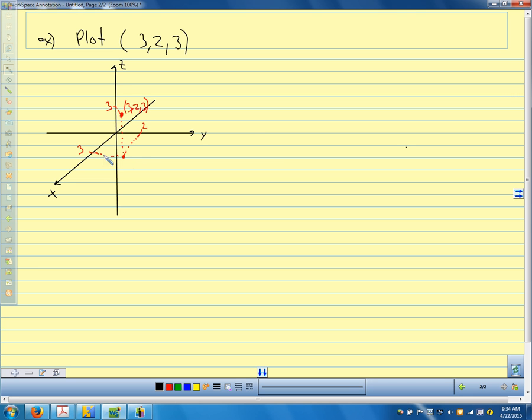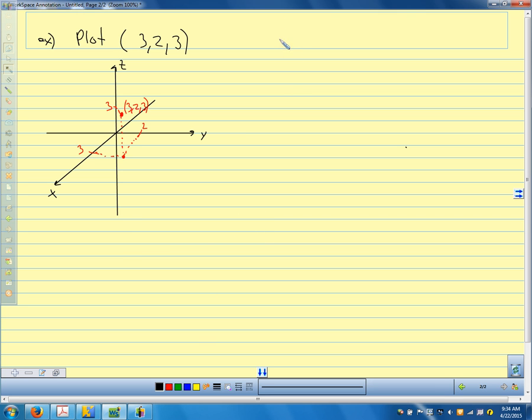So if the XY plane were a flat surface, we would go 3 units up to get to here. And if I go straight across to the Z-axis, that's going to be 3 units up. So the point would be 3 units up. If I counted up from here, that would be 3 units.